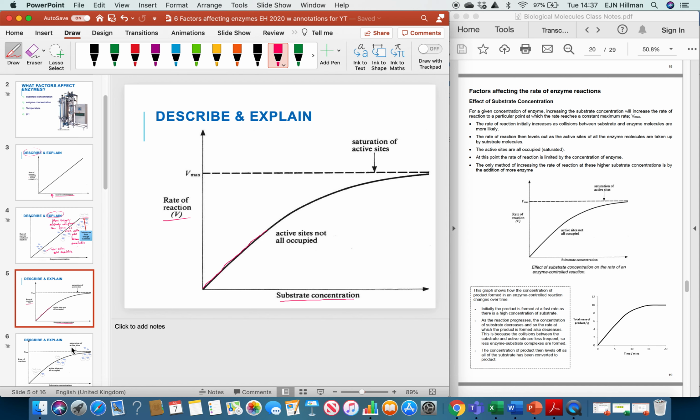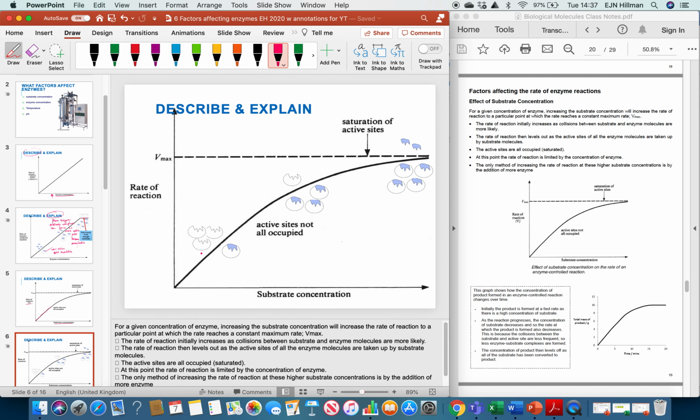Okay, to describe and explain that, we're now thinking about a given concentration of enzyme, i.e. the enzyme concentration remains the same at the start as at the end.